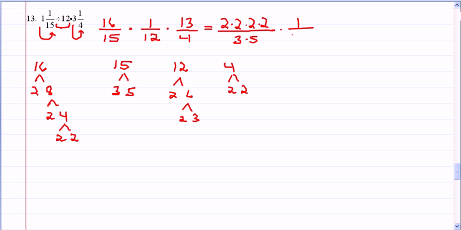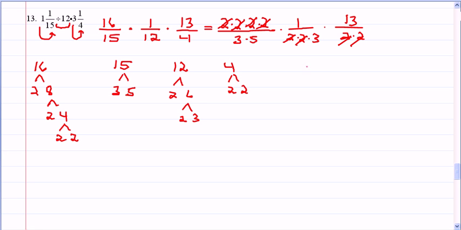And 1/12 is 1 over 2 times 2 times 3 over 13 over 4 is just 2 times 2. And I have 2 2's that cancel with these 2's. And then the rest of the 2's cancel with these 2's.